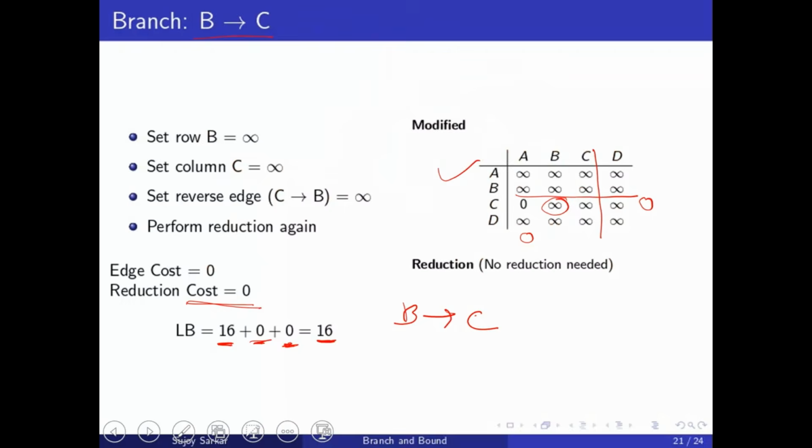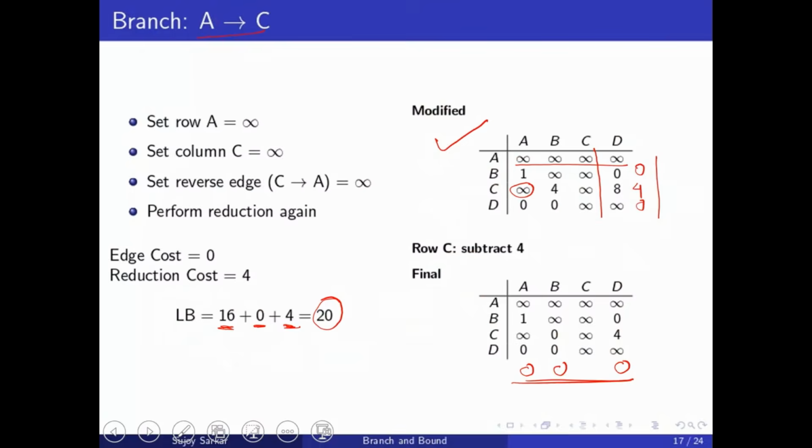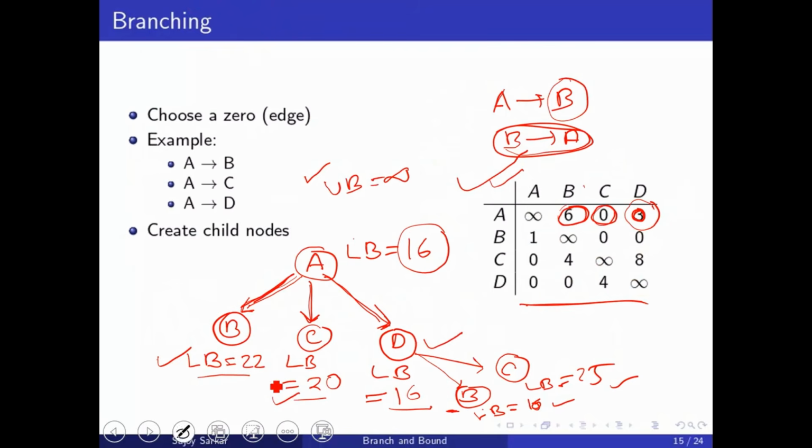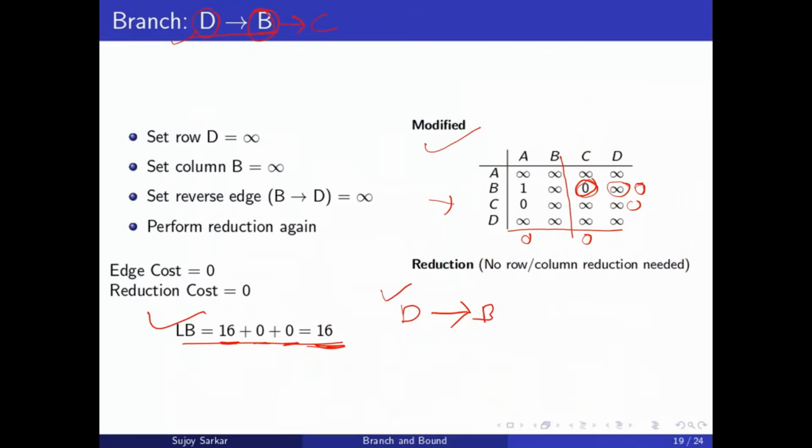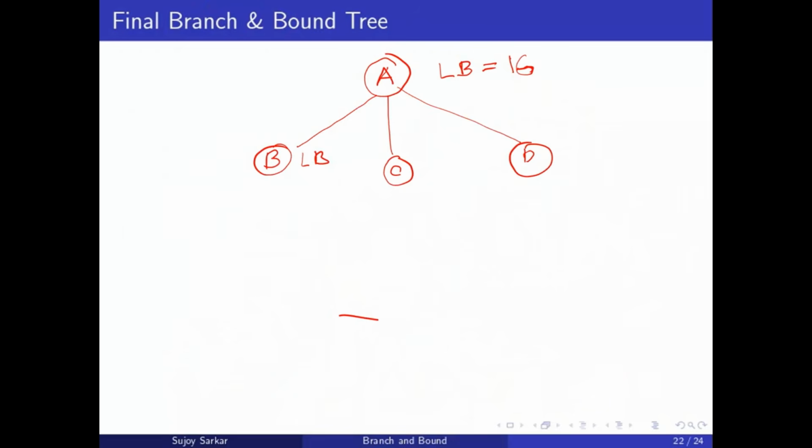Let us look at quickly. It was 22, 20 and 16. Right. So lower bound 22, lower bound 20, lower bound 16. And upper bound is set to infinite.